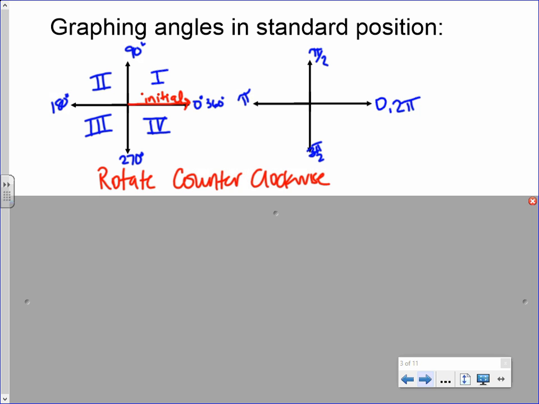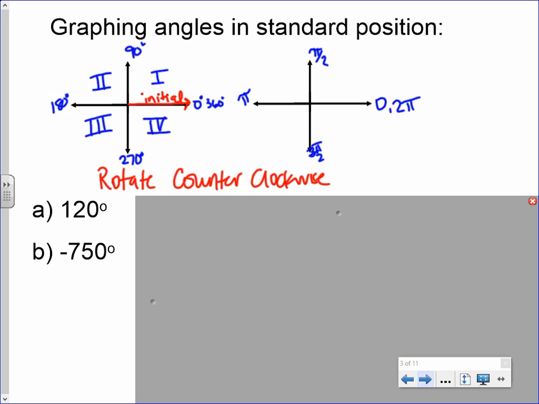All right, so what does this look like if we're actually going to graph these angles? We're going to graph the angle of 120 degrees and negative 750 degrees. We need to think about which quadrant our angle is going to land in. First, we should think about whether it's more or less than 360. 120 is less than 360, so we're not going to go more than once around.